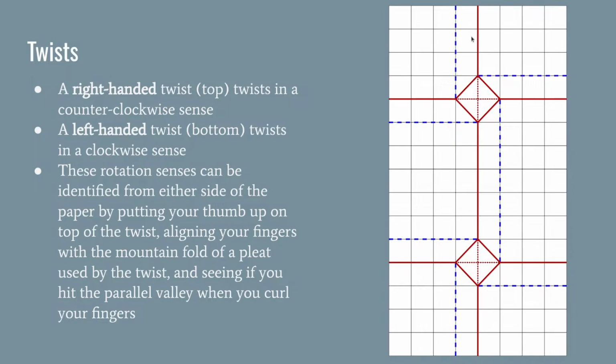For a right-handed twist, that valley is to the left, which corresponds to sticking your thumb up in the center of the twist, your right hand, your fingers up along that mountain fold, and you curl your fingers, you hit the valley. If you use your left hand, you curl your fingers, and they're going around clockwise for the left-handed twist.